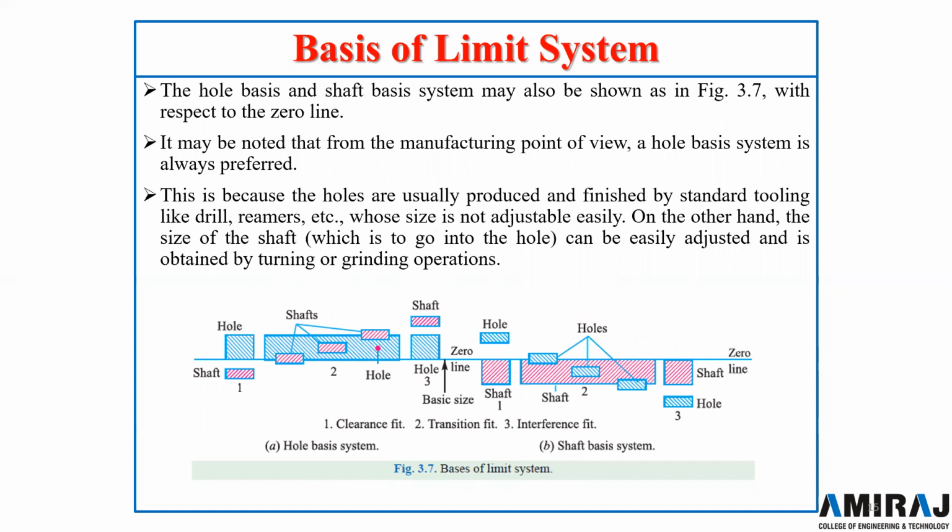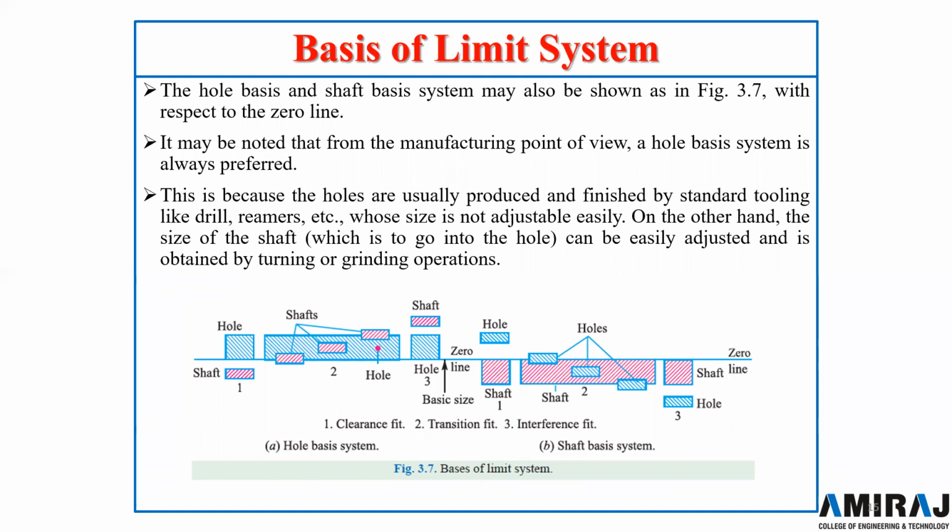This is because the holes are usually produced and finished by standard tooling like drills and reamers whose size is not easily adjustable. On the other hand, the size of the shaft which is to go into the hole can be easily adjusted and is obtained by turning or grinding operations.